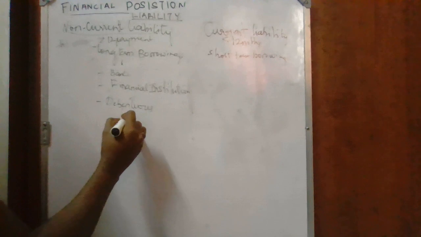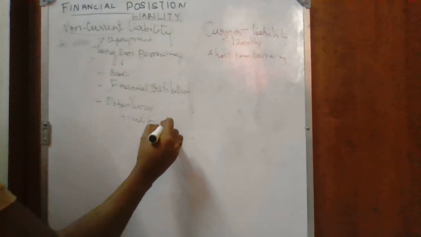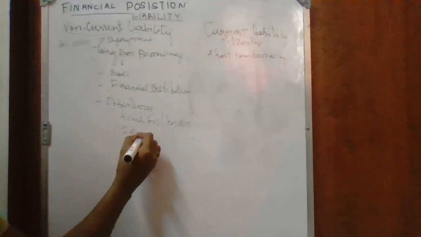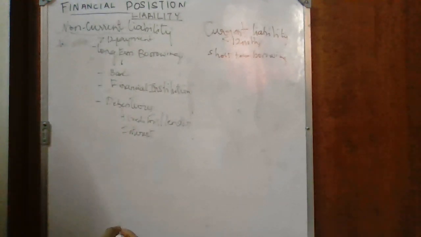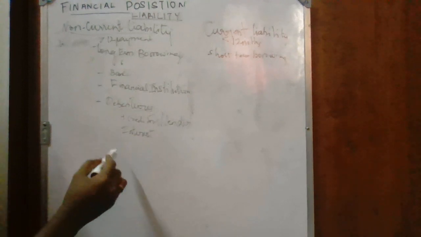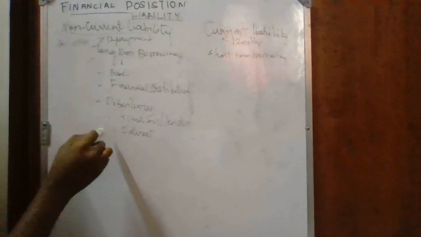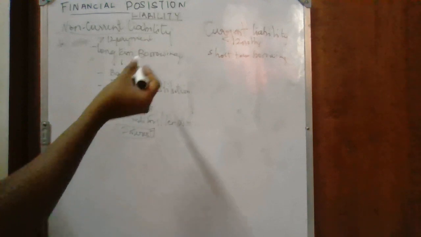Debentures are again creditors of the company, lenders who lend money to the business, for which they will get interest. It is an agreement between the company and the debenture holders, where the interest shall be paid every month, quarterly, half yearly or yearly.